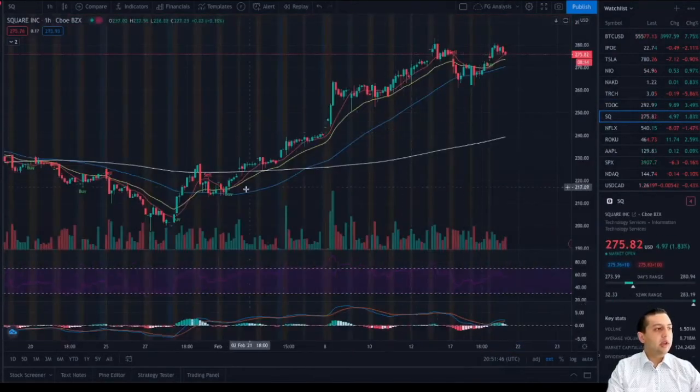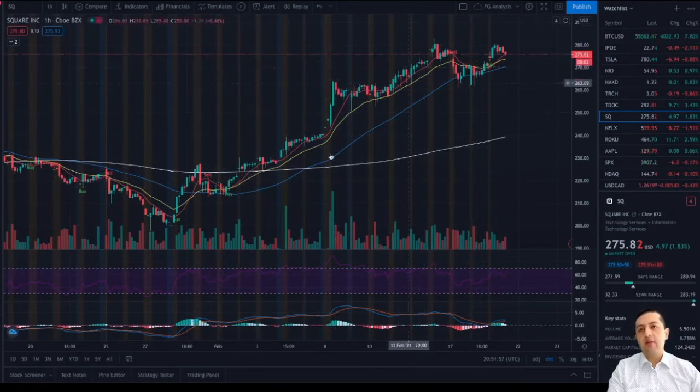Finally, looking at Square. Price is above the moving averages, but price is already at the end of the move, right? You see that price has gone really up, and when this happens, it's like there is an extension of the conditions.